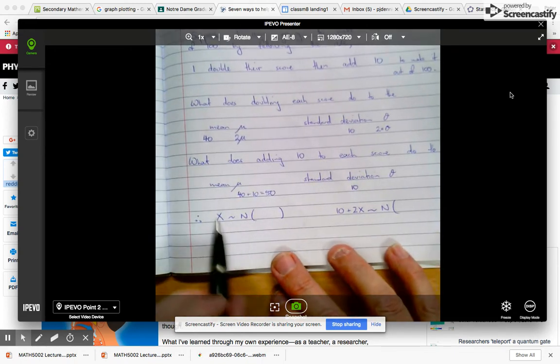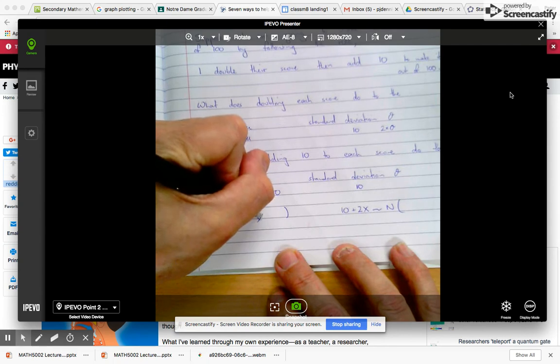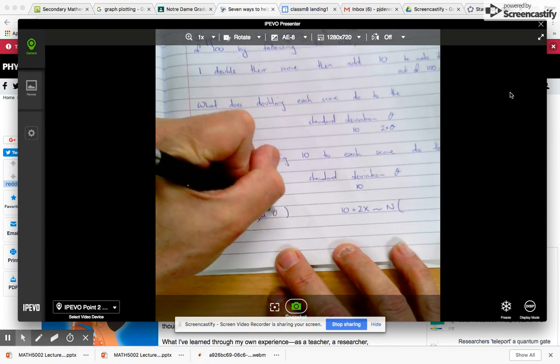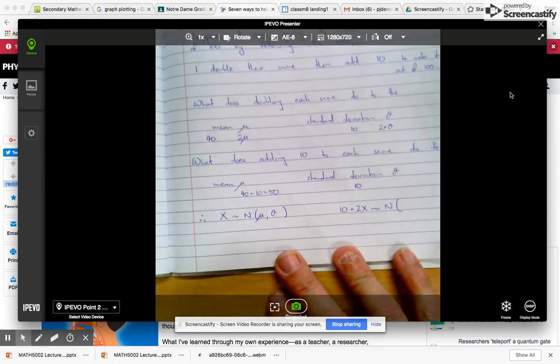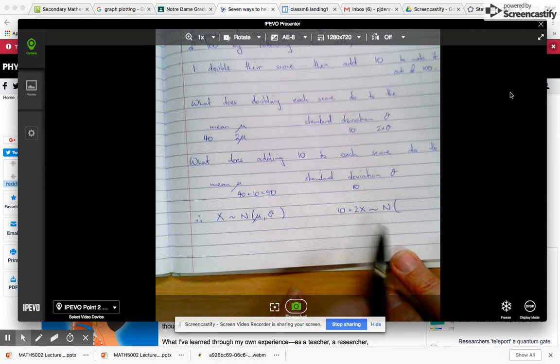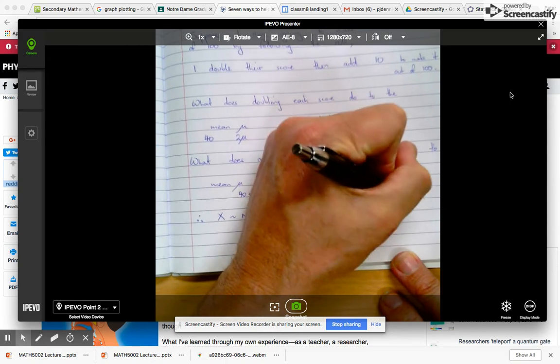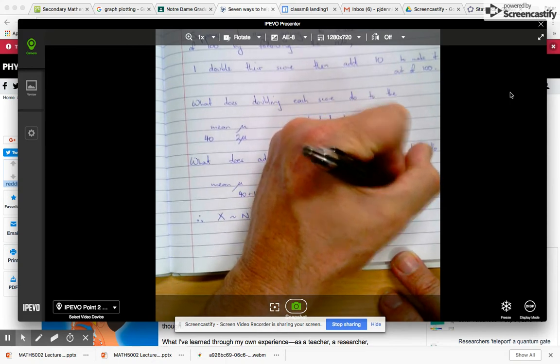So the old set of scores had a mean of mu and a standard deviation of, let's say, sigma. We have applied this rule to it: we've added 10 to each score and multiplied their old score by 2. What's that done to the mean? We've added 10 plus 2 times the old mean.